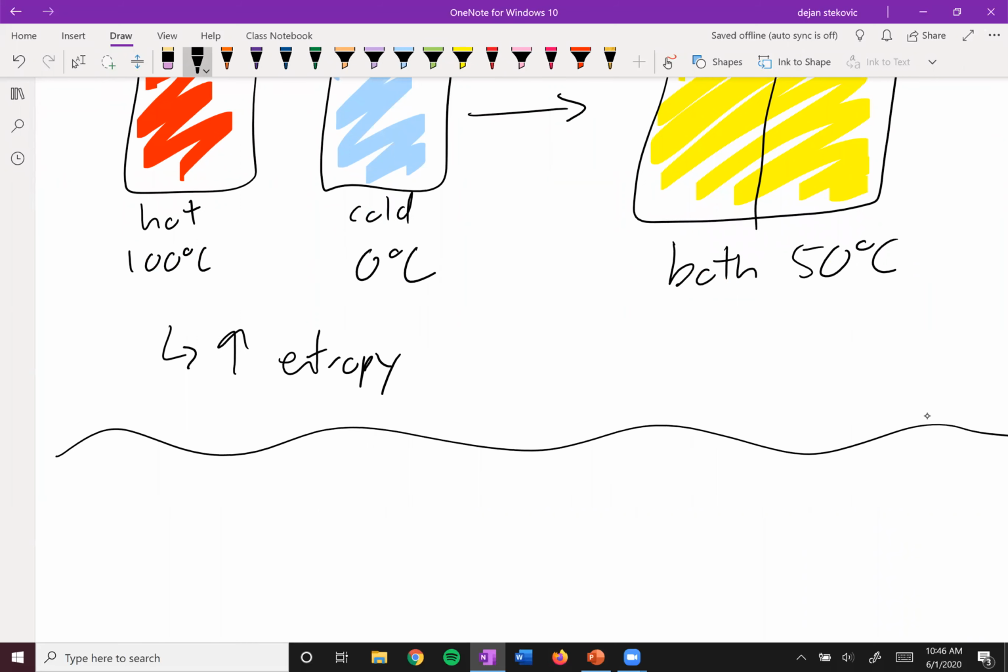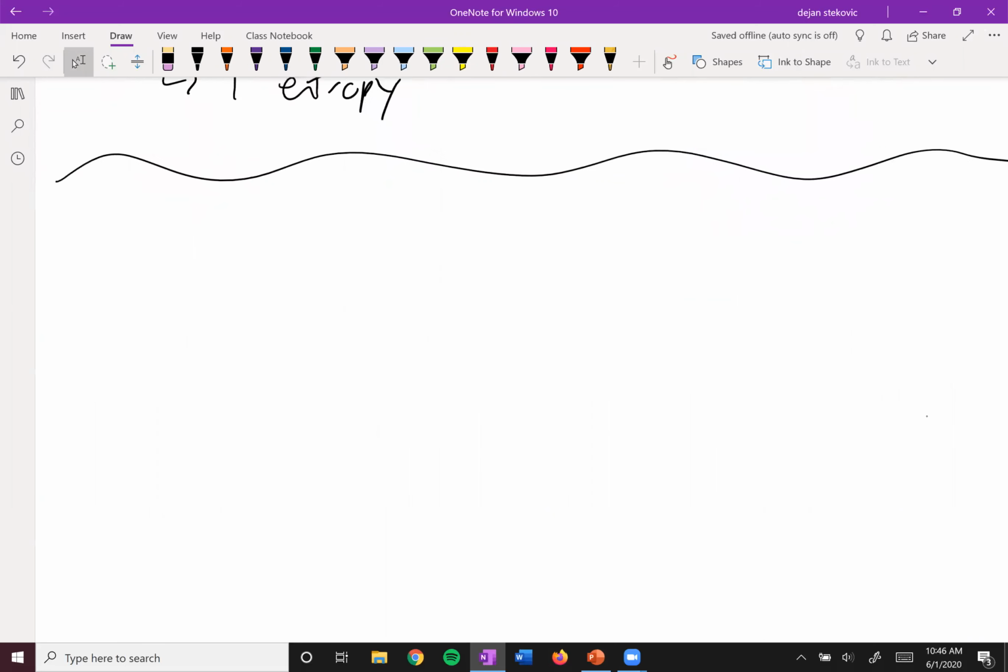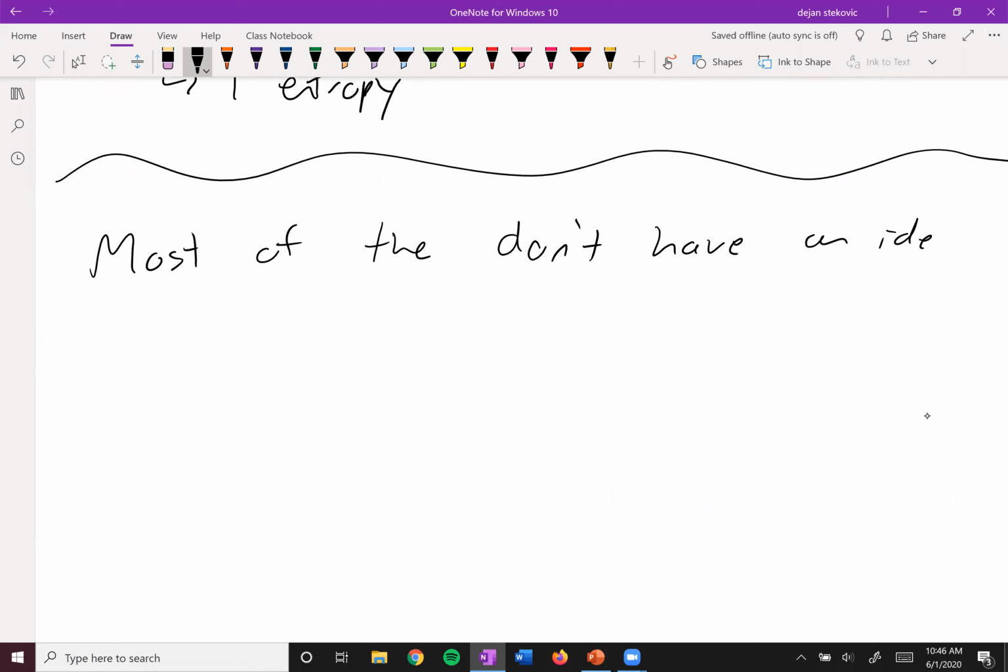So there's a look at some ideal solutions. There's no net change in energy. However, most of the time, we do not have an ideal solution. And so in order to take a look at this further, we're going to have to think about the intermolecular forces involved.